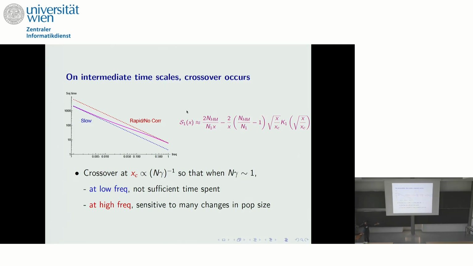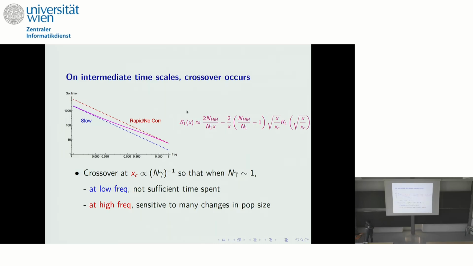So it's just going to see only one population size. It's not aware that it's going to switch, right? Therefore it sees as though switching is slow. But at high frequencies, it has seen several changes, and therefore it behaves as though it's in the rapid switching regime. So you have a function at low frequencies over here, and over here, and then in between, at intermediate regimes, there is some other behavior, which is all contained in this result.